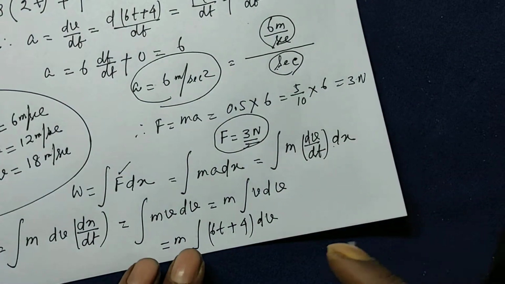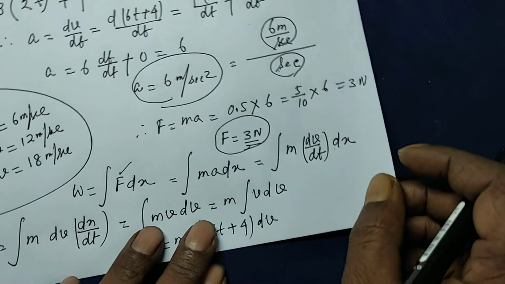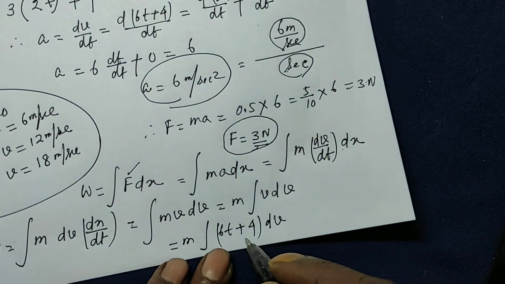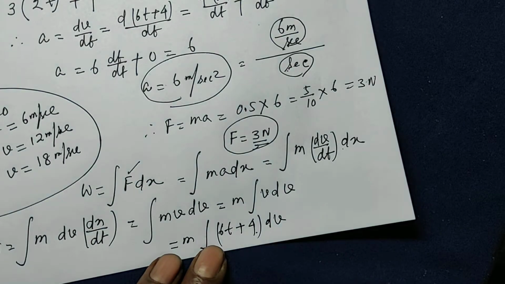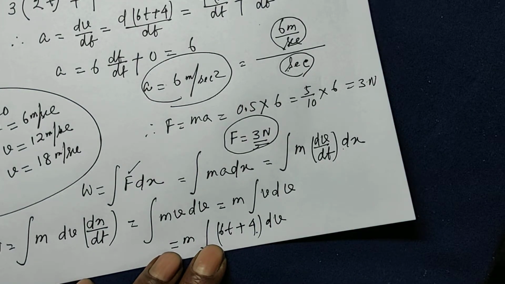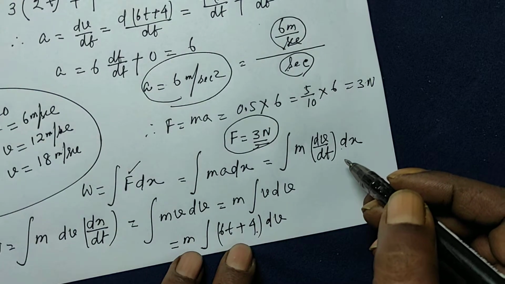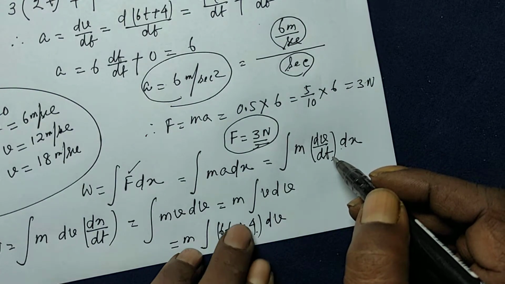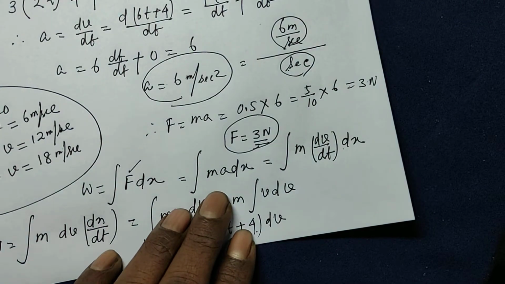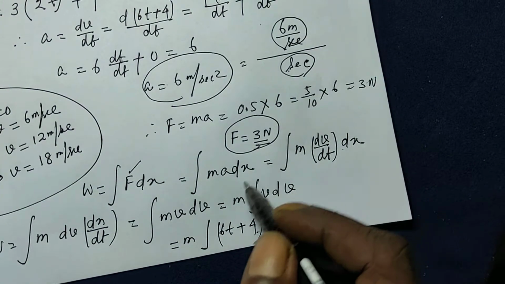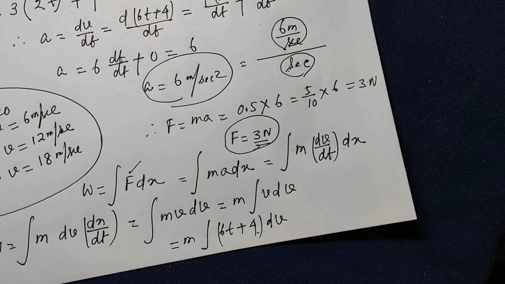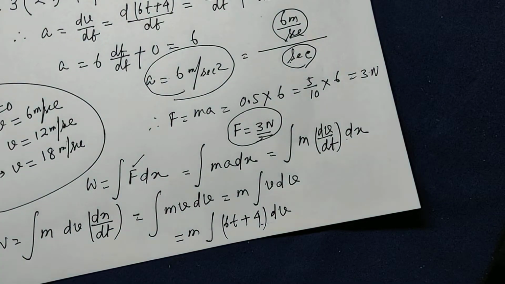Change in velocity, v dv, not, sorry, and your v is 60 plus 4. Where did I make a mistake? I made a mistake here. Oh, I made a mistake, so I'll do it once again.